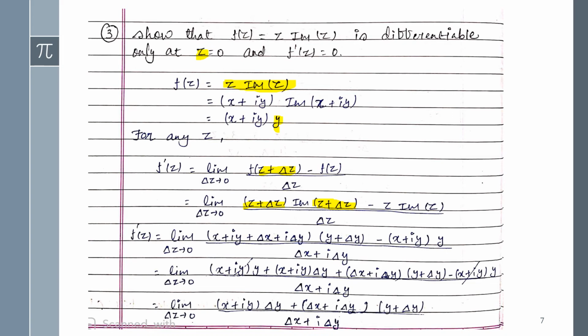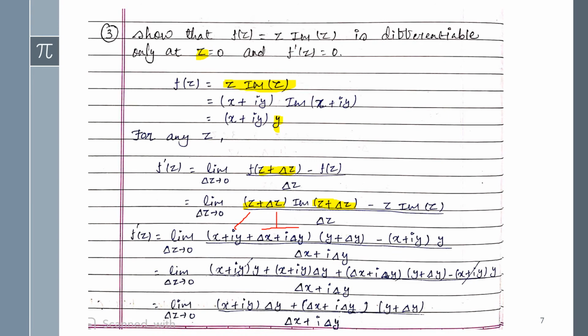So this limit delta z tends to 0 as it is, z plus delta z, z that is x plus iy, delta z that is delta x plus i delta y. This I will highlight with the pen. Okay, z that is x plus iy and delta z that is delta x plus i delta y. Okay, now imaginary part of z plus delta z.